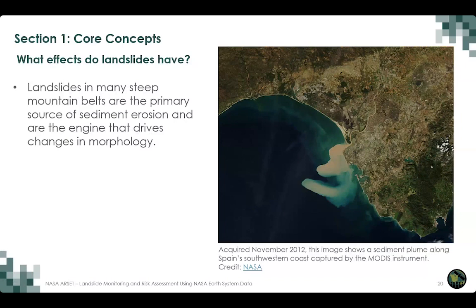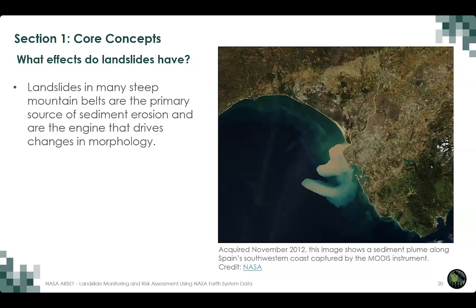So at a very basic level, landslides in many steep mountain belts are the source of sediment. Obviously rainfall can act to move small amounts of sand and grains of clay, for example, from very high upstream places all the way to downstream places. But that process is typically not as important as this large-scale movement of landslide material through gravitational failure.